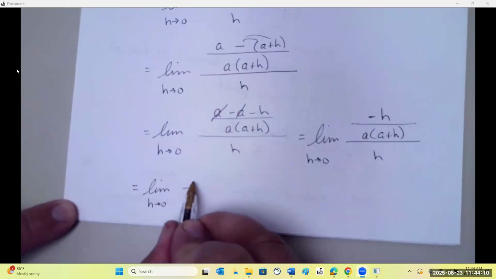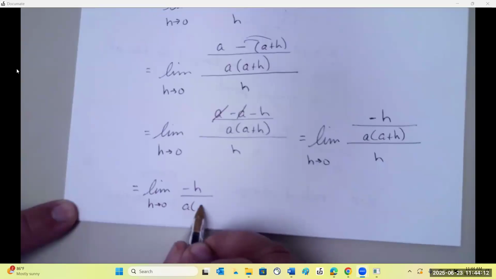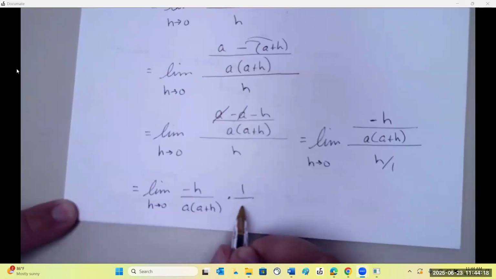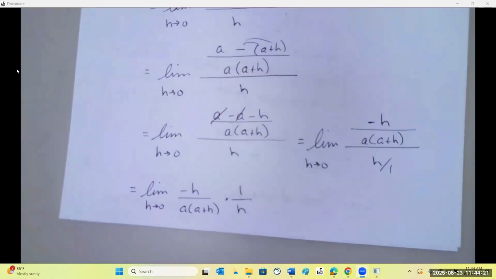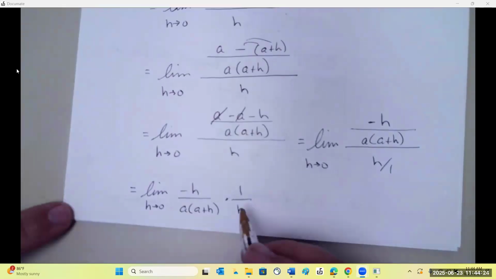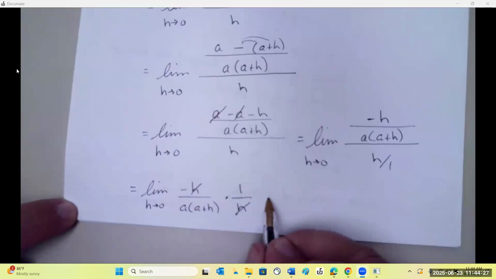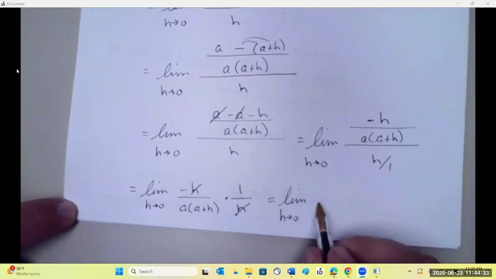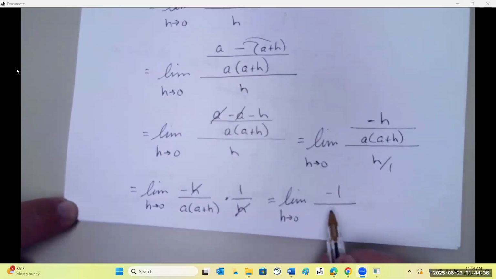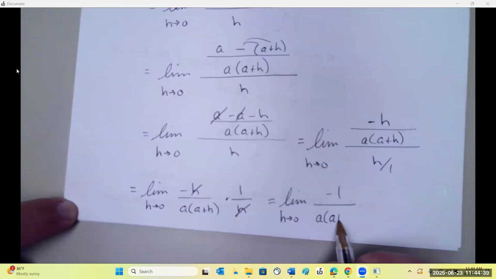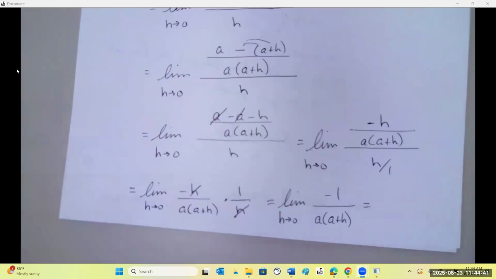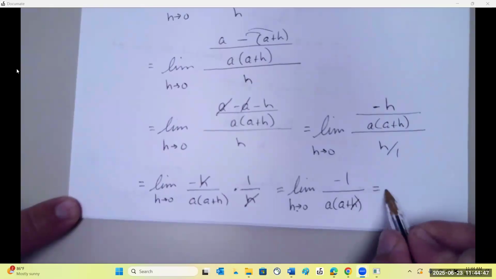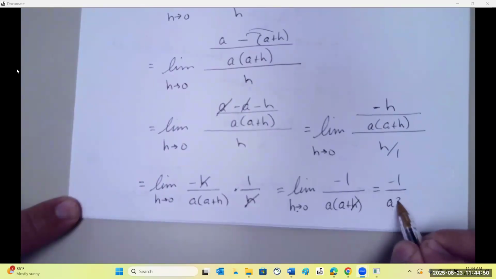Take the top fraction, leave it alone, and the bottom is a fraction, so we flip it. The h's cancel. We have a negative 1 on top, a plus h. H goes to 0, so we're left with negative 1 over a squared.